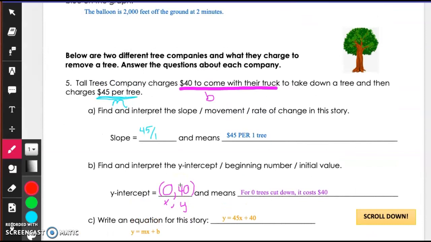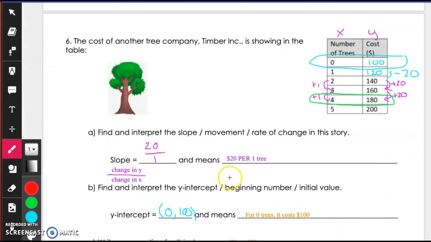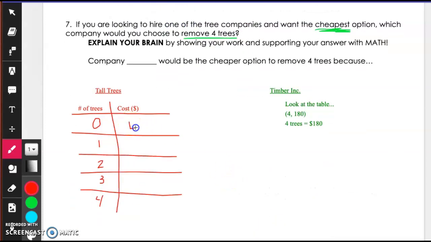So the story told us that for 0 trees cut down, it was $40 and then $45 per tree. So we're starting with $40 for them to show up. And then it's $45 per tree, which means after 1 tree is cut down, that's going to be $85.